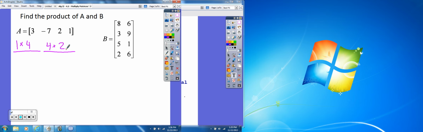Now, see these middle 2 numbers? In order for us to multiply these 2 matrices, those middle 2 numbers must be the same.